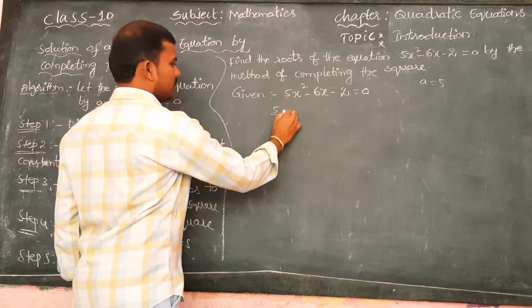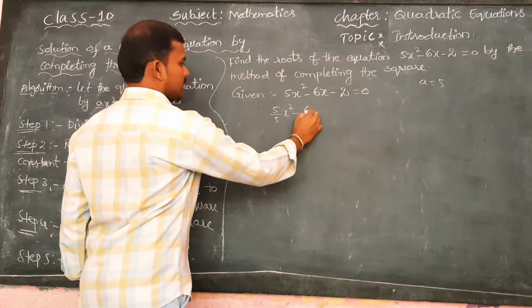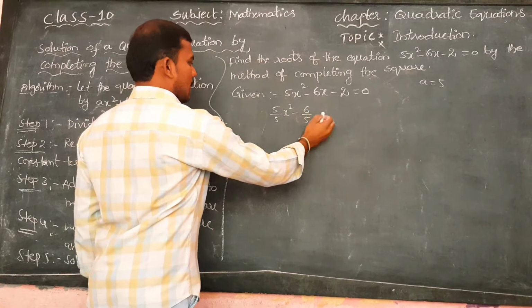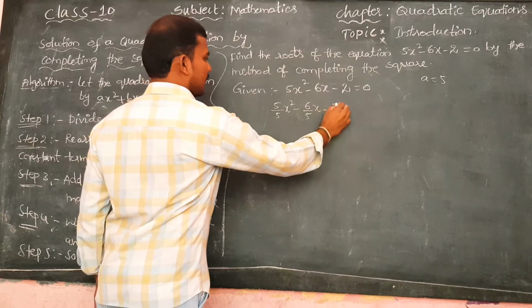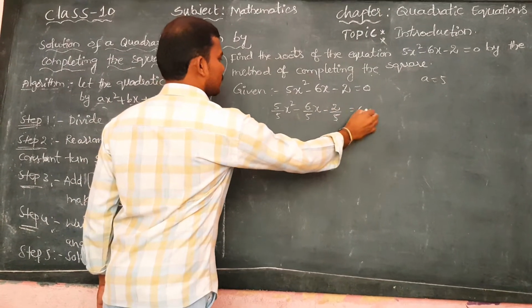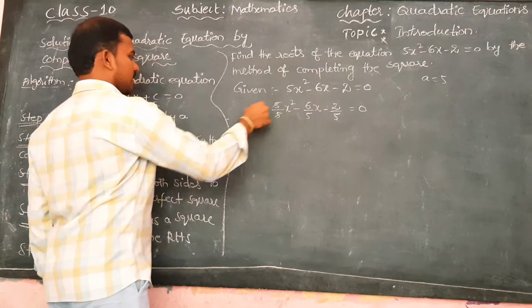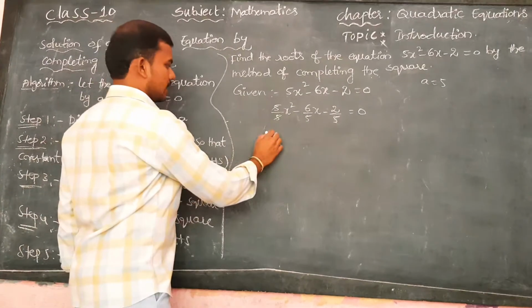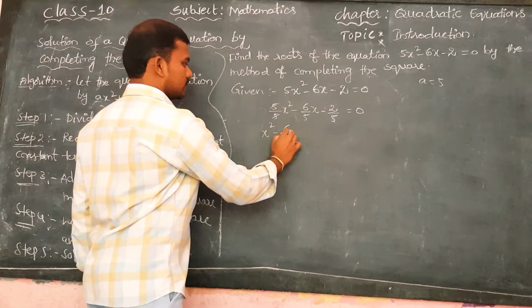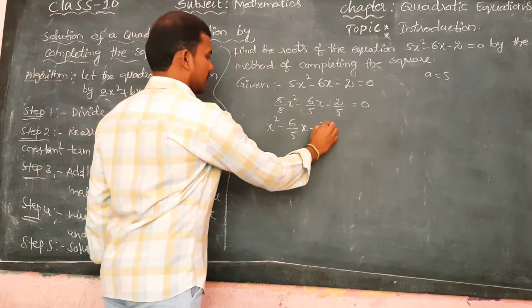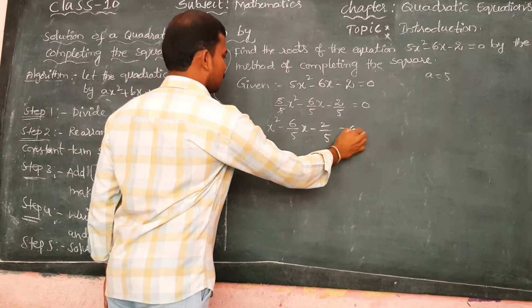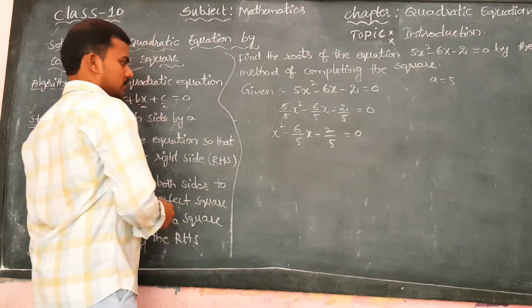So 5 by 5 x square minus 6 by 5 x minus 2 by 5 is equal to 0. Here the 5 gets cancelled, remaining is x square minus 6 by 5 x minus 2 by 5 is equal to 0. So this is step 1.